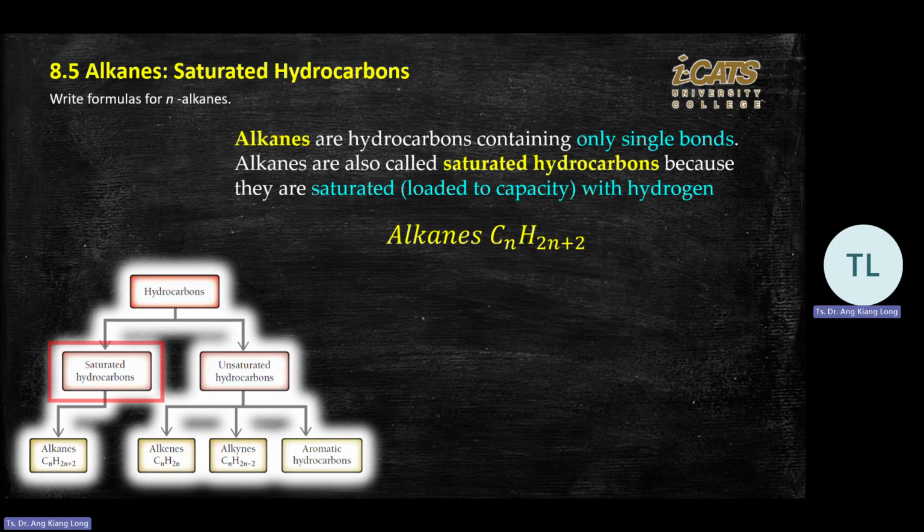If you compare the second one, CnH2n, it has less hydrogen than the saturated one, and alkenes also have less. So saturated means they have the most hydrogen compared to the other families. The total hydrogen that they have is more than the rest.